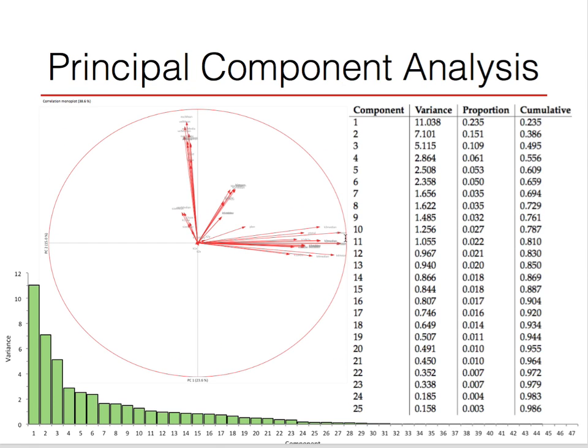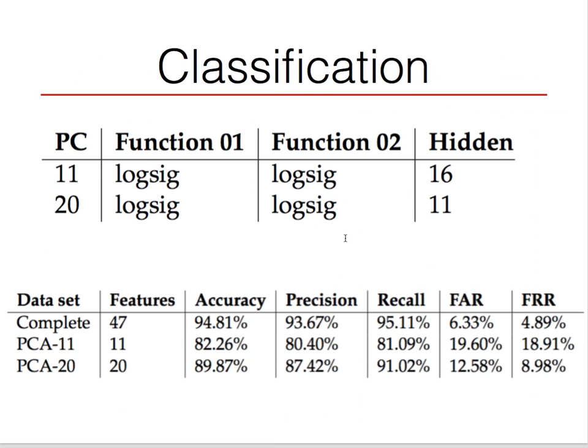What we can see is that the first 23 eigenvalue components could be used if we use the scree plot rule. If we use the Kaiser rule of considering those components which have a variance higher than 1, then we would take the first 11 components.